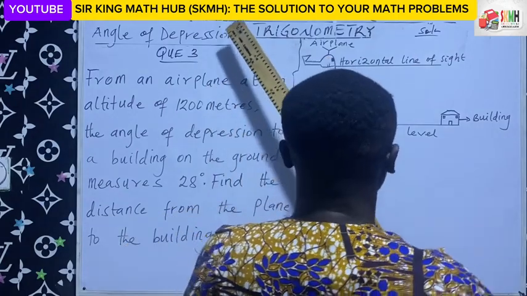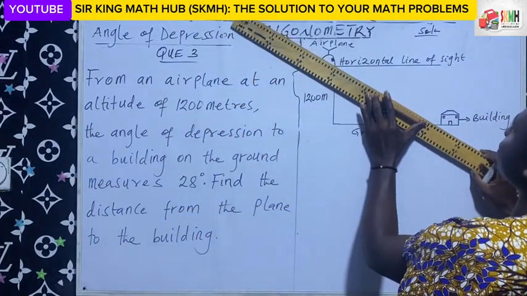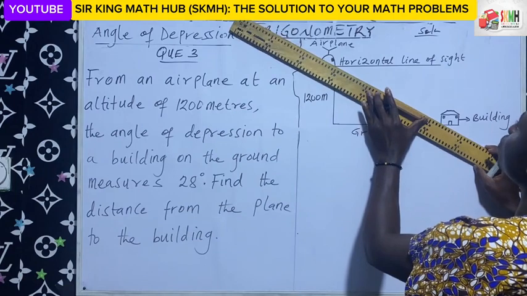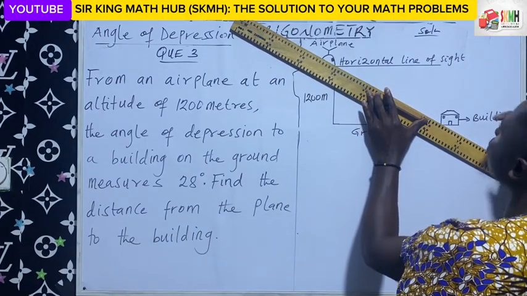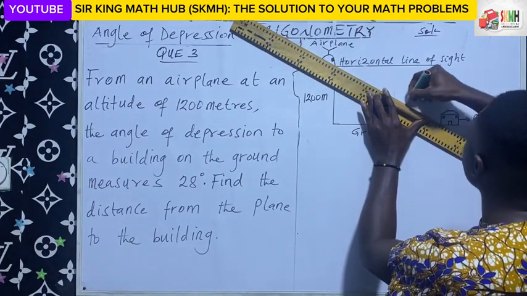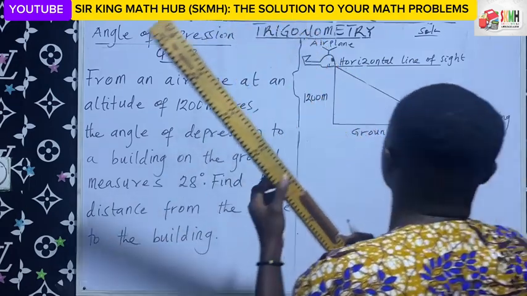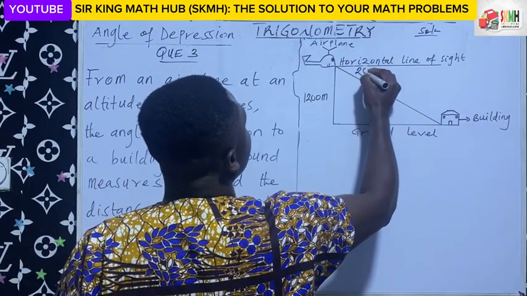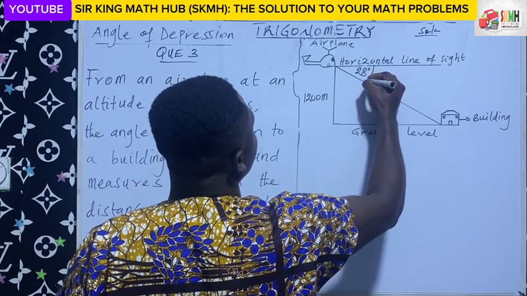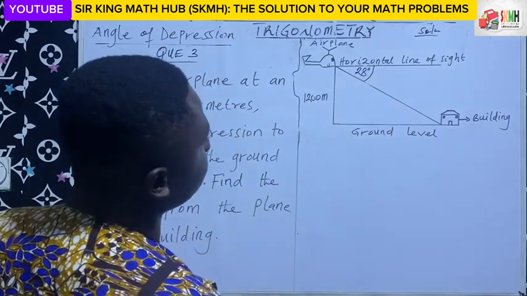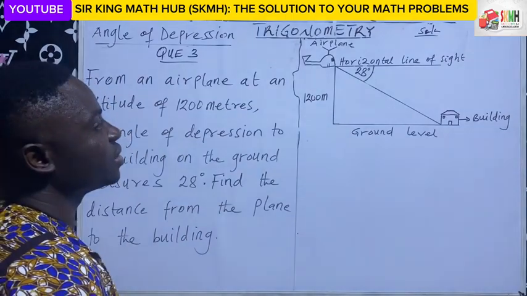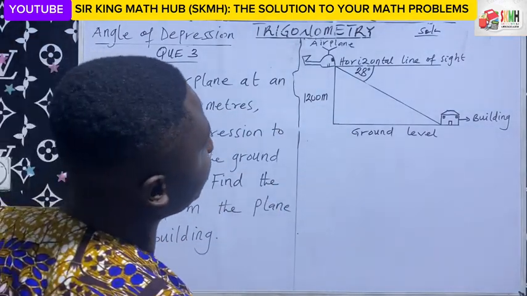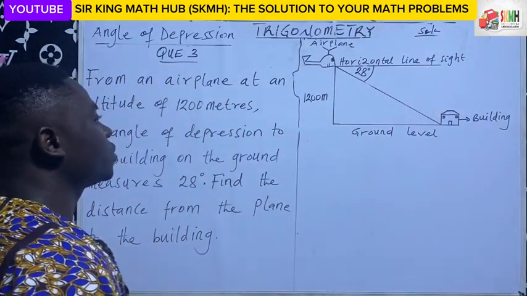So from there, the angle below the horizontal line of sight becomes our angle of depression. In this case, it was given as 28 degrees. So this is our angle of depression. So that is what we have done.